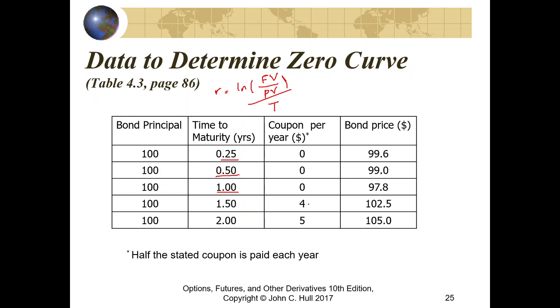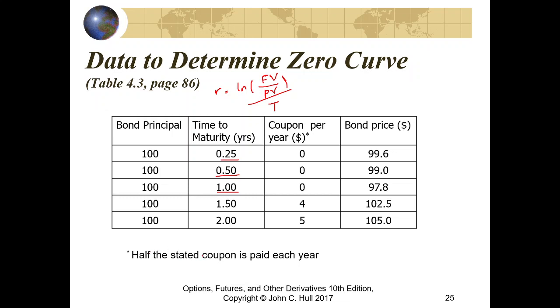Instead, what do I observe? I observe that there is a bond that matures after 1.5 years, or a year and a half, but this bond pays coupons semi-annually. And this is the annual coupon payment. So every 6 months the bond will pay to its holders what?